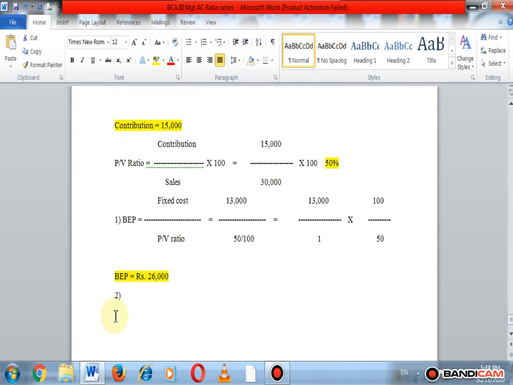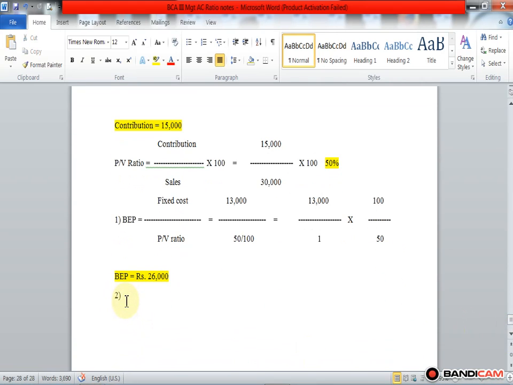Find the profit if sales is rupees 50,000. So here use the formula which was discussed in our previous lecture.